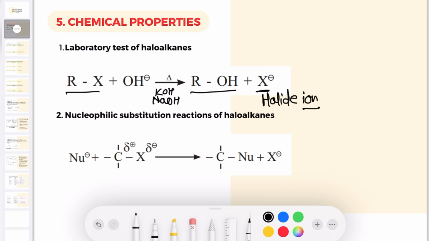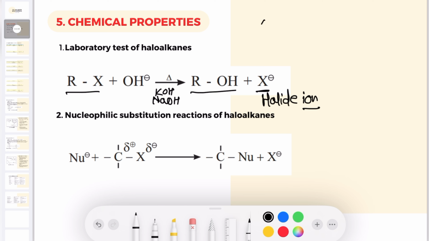When this reaction mixture is acidified by adding dilute nitric acid and silver nitrate solution is added, a precipitate of silver halide is formed, which confirms the presence of halogen in the original organic compound.